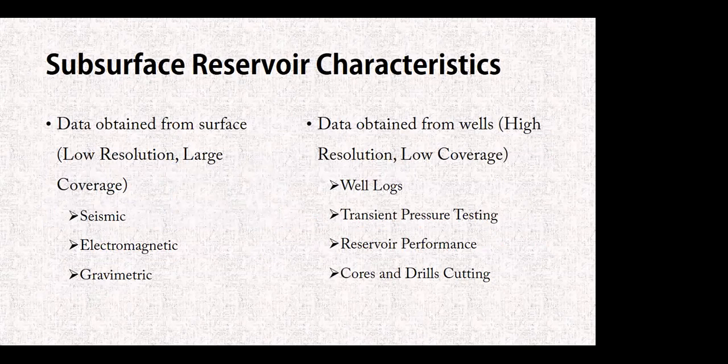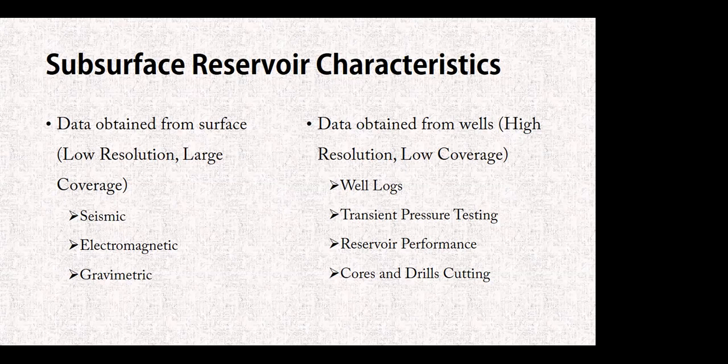So let's talk about subsurface reservoir characteristics. There are two types: the first is data obtained from the surface, and the second is data obtained from wells. The first has low resolution and large coverage, while data obtained from wells have high resolution and low coverage.